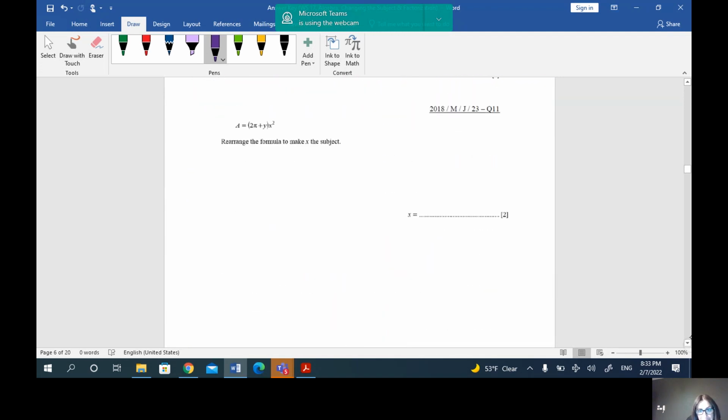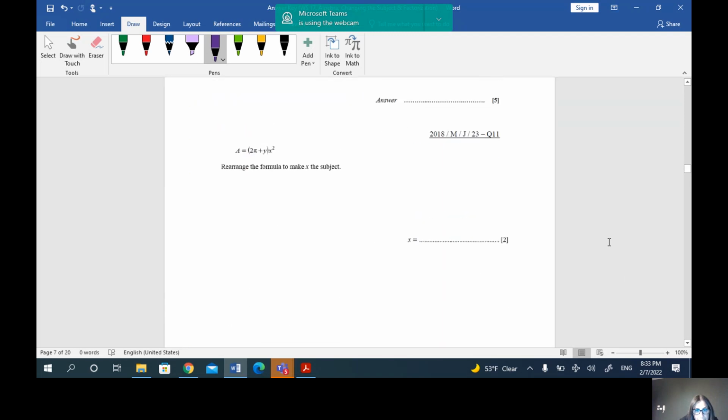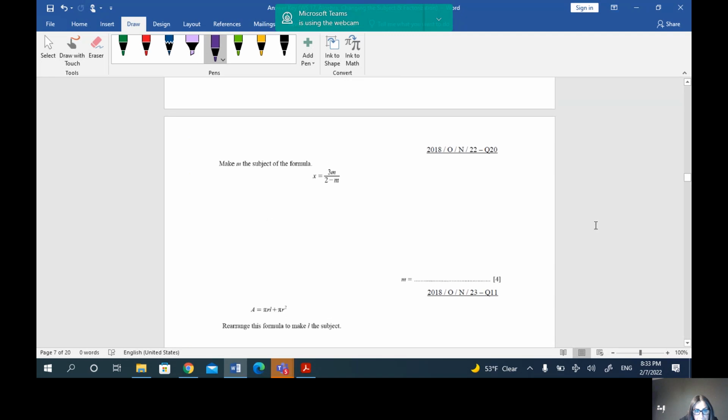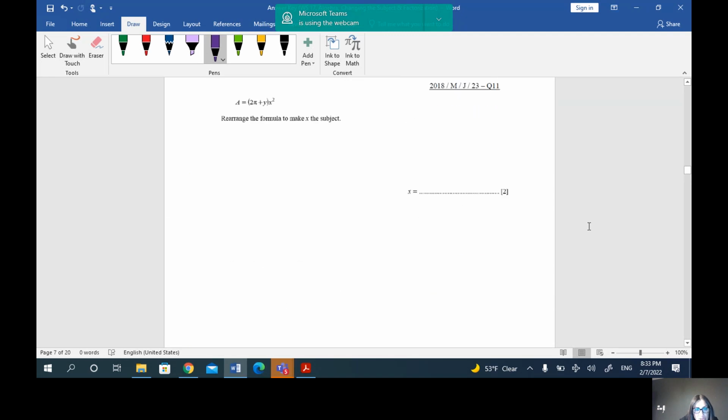Okay, let's move now to, okay, let's do this one. A is equal to open a bracket 2 times pi plus y multiplied by x squared, and they want us to make x the subject.